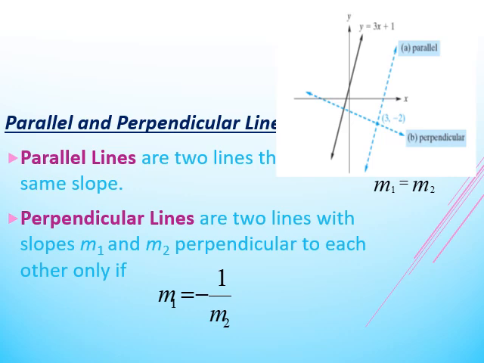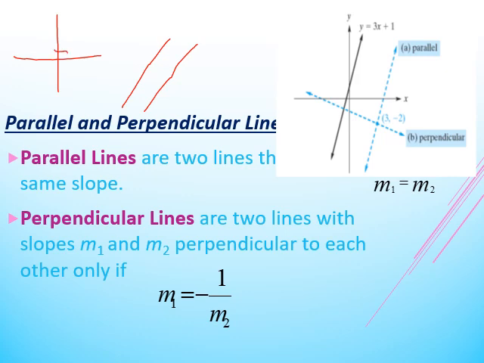Let's move now to the last part in our chapter, which is parallel and perpendicular lines. We have two lines, y1 and y2. Maybe the two lines are parallel to each other, where the two lines have the same slope and never intersect, or the two lines may be perpendicular to each other.